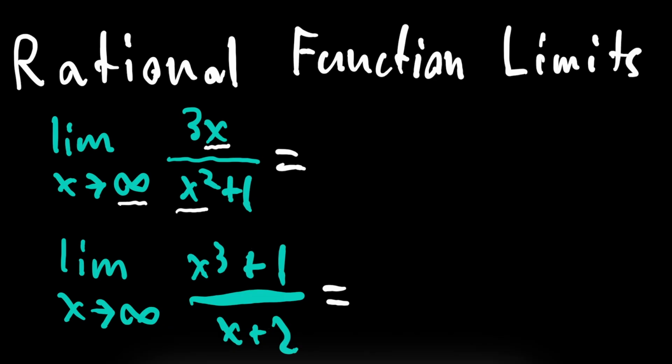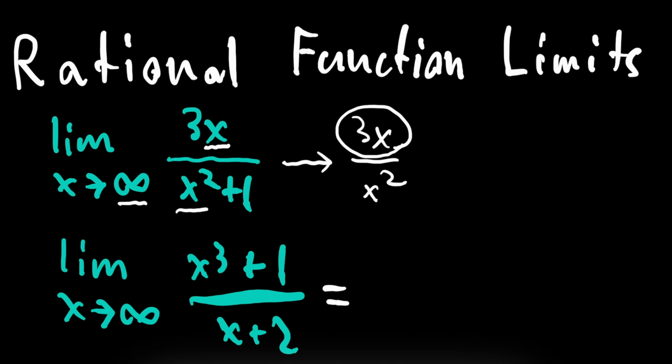So the idea is that you can just ignore them and turn this into an expression like 3x over x squared. This one's simpler to analyze, and right away you can see that the growth rate of this top expression is much slower than this bottom expression.